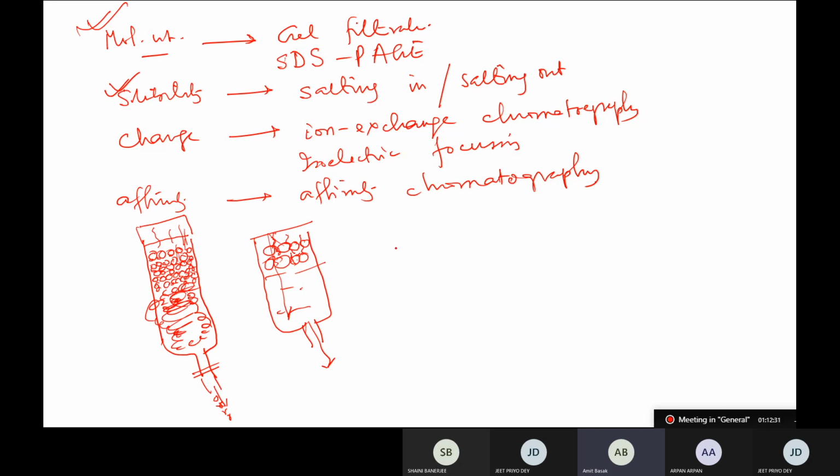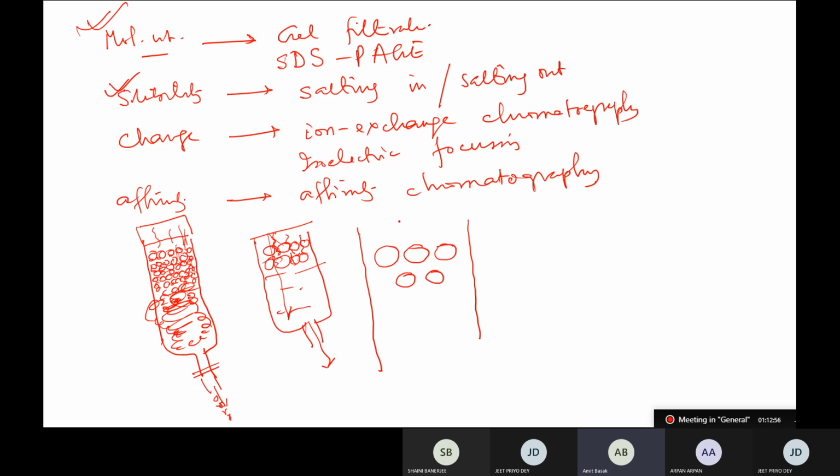We can expand this view. Suppose this is the scenario, and this is the column. You are adding the solution of the proteins.